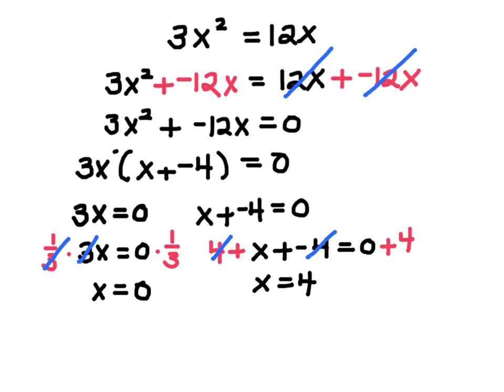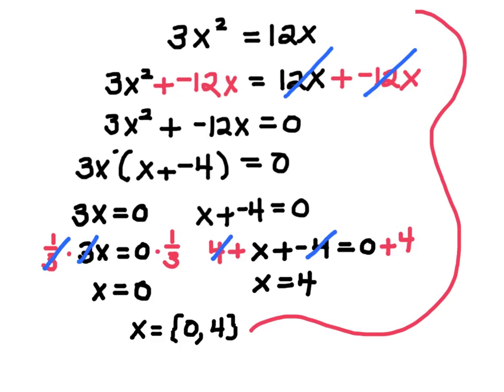So for this original equation to be true, the values of x that will solve this equation are x is equal to 0 or 4. And we should check our solution by plugging in these values of x into the original equation. When we do, we'll find that both of these solutions are valid solutions.